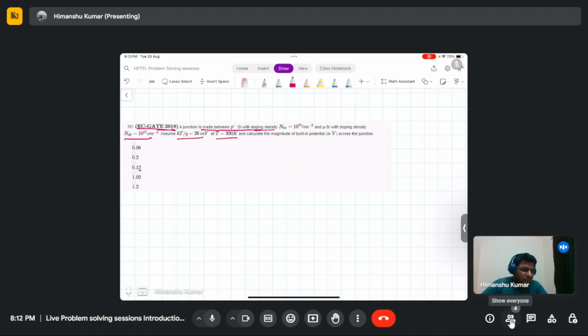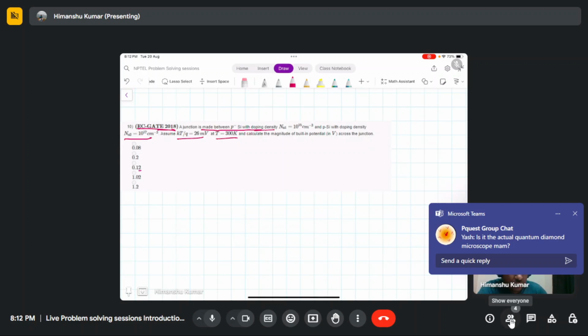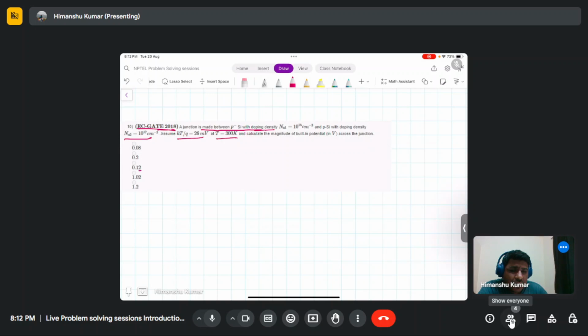Find the magnitude of the built-in voltage. So this is P1, equal to 10 to the power 15 per centimeter cube, and P2 is 10 to the power 16 per centimeter cube.